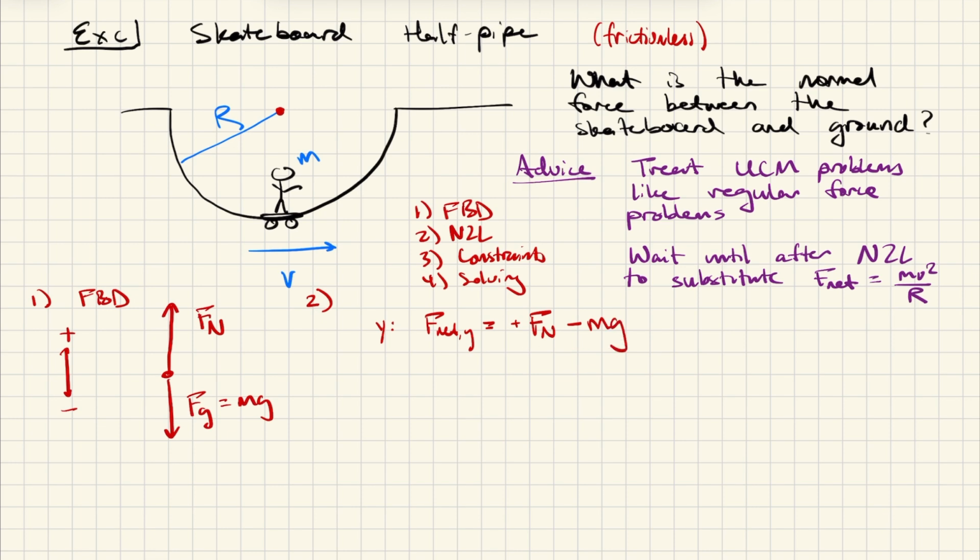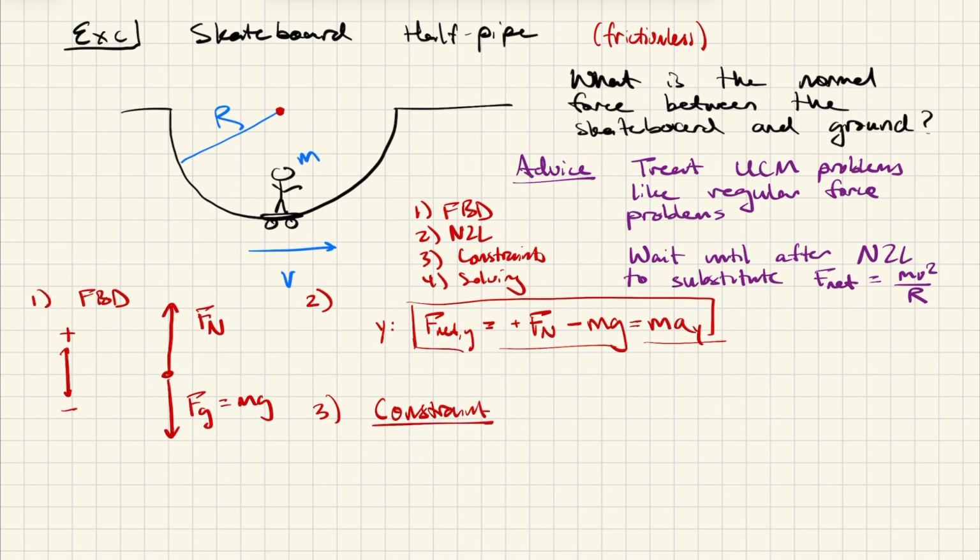This is our one equation that we need for this system, and this must be equal to ma by Newton's second law, and we'll even say may. And so now, after our Newton's second law equations, we want to think about our uniform circular motion constraint.